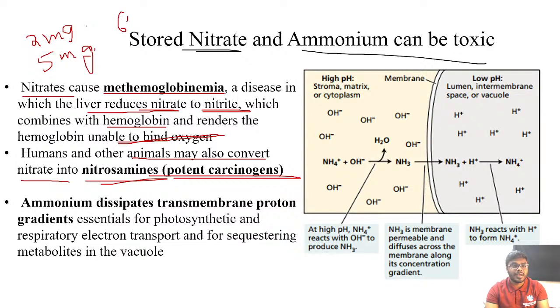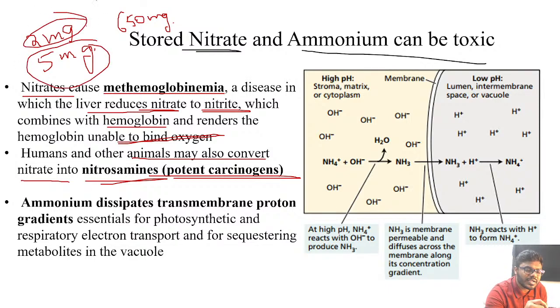Dolo 650 for a headache, 650 mg we will take. So you have to understand certain drugs show their action even at very, very low doses. In the same way, friends, nitrate converted into nitrosamines is extremely carcinogenic even at lower doses.